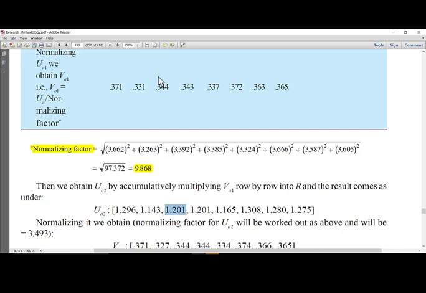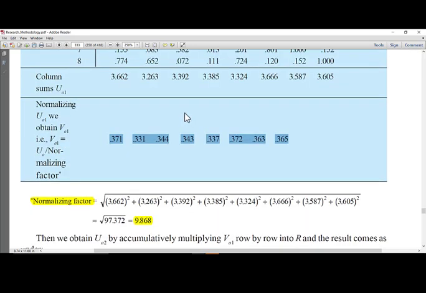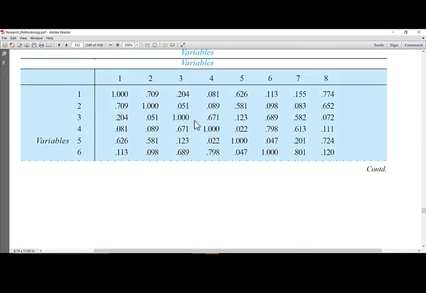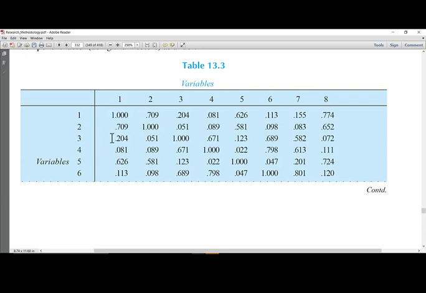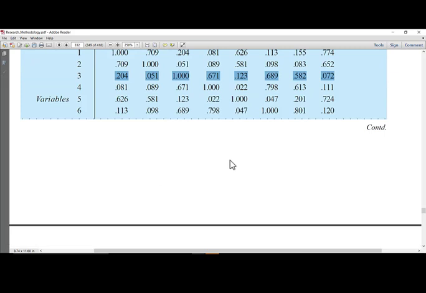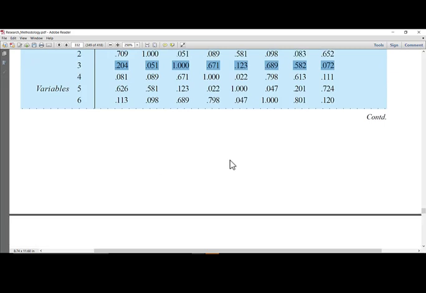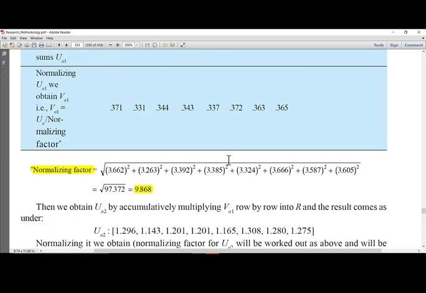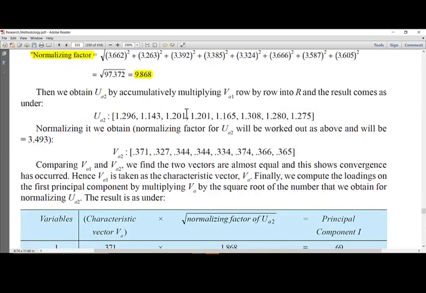This is obtained from the VA1 values multiplied with the third row, element by element and summed up. That gives us the UA2 third value, 1.201, and the fourth also 1.201.